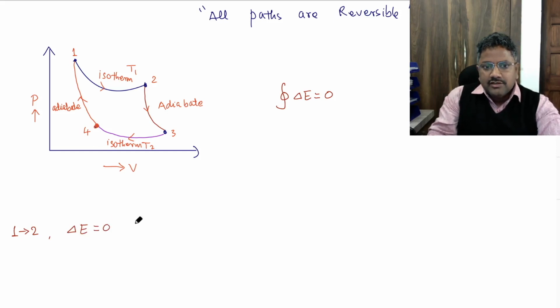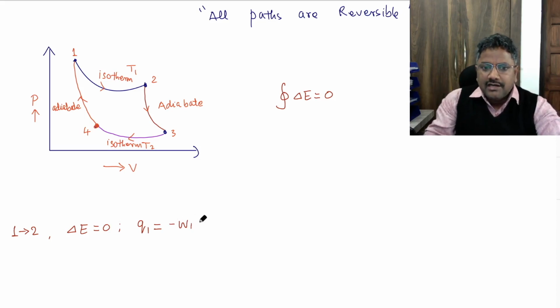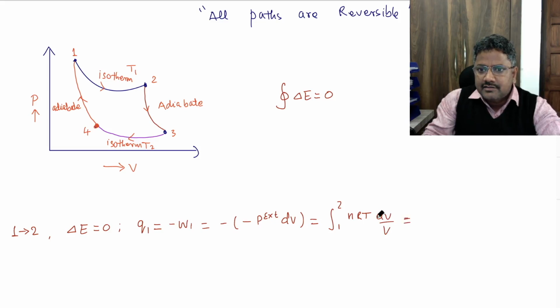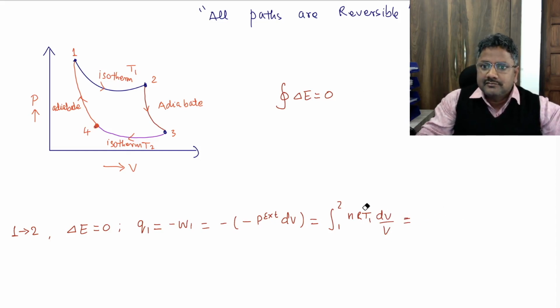So we can write, for the first step, Q1 is equal to minus W1, and this is equal to minus the integral of P external dV, and this is a reversible process, so you can write this as the integral from 1 to 2 of nRT1 dV by V. Here n is equal to 1 mole, we can take 1 mole.